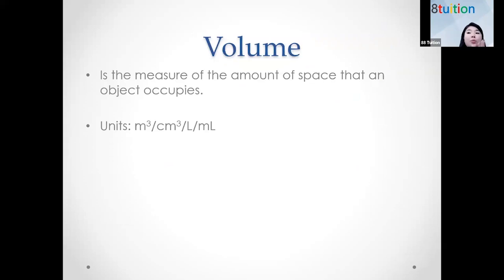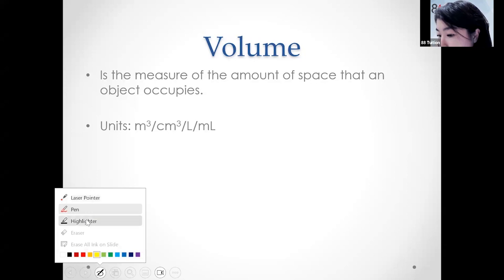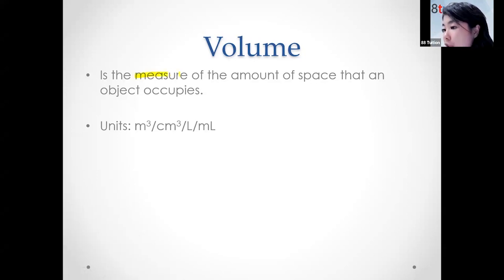Let's talk about volume now. What is volume? Volume is the measure of the amount of space that an object takes up. So it's the measure of the amount of space that an object occupies. What are the units for volume?